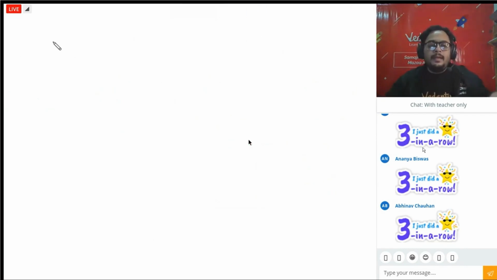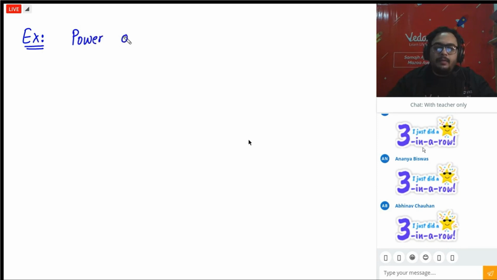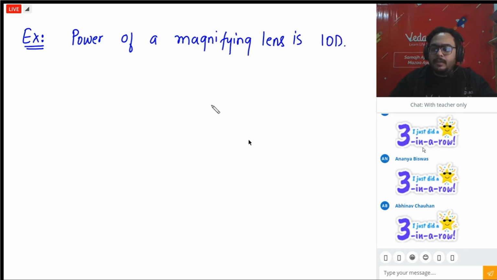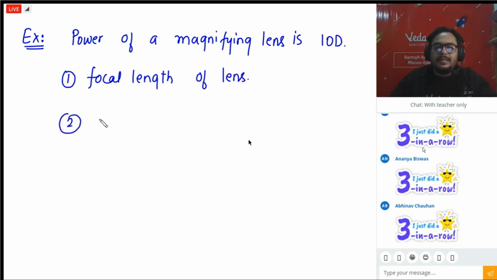Suppose the power of a magnifying lens is 10 diopter. First thing I'm asking is the focal length of the lens, and the second thing I'm asking you is the magnification of the lens.